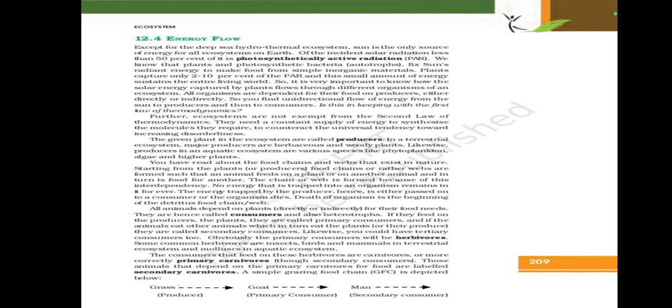You have read about the food chains and webs that exist in nature, starting from the plants or producers. Food chains, or rather webs, are formed such that an animal feeds on a plant or another animal, and in turn is food for another. The chain or web is formed because of this interdependency.